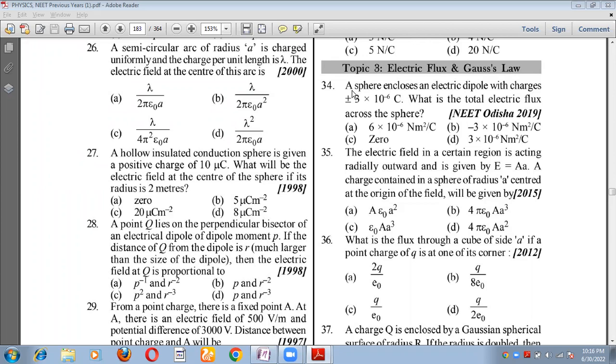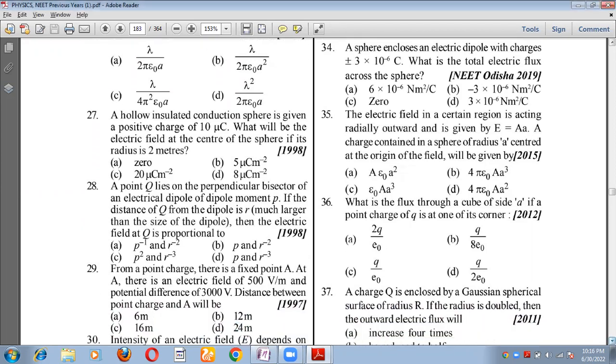Moving to the next question, number 28. Go through question number 28, everyone.